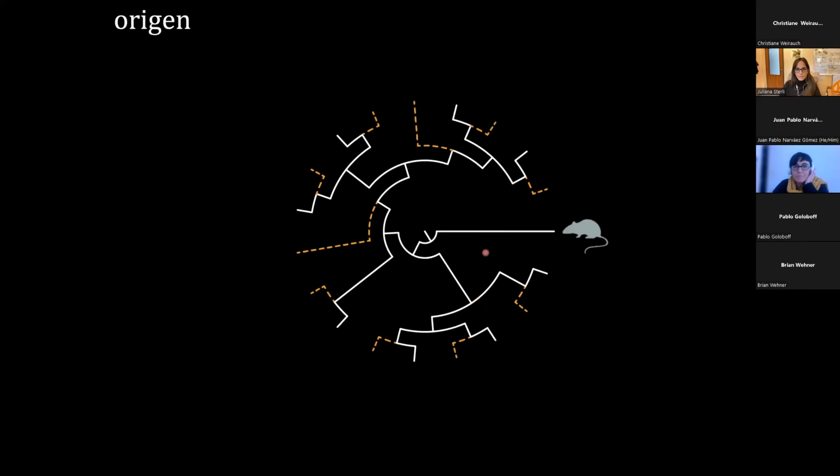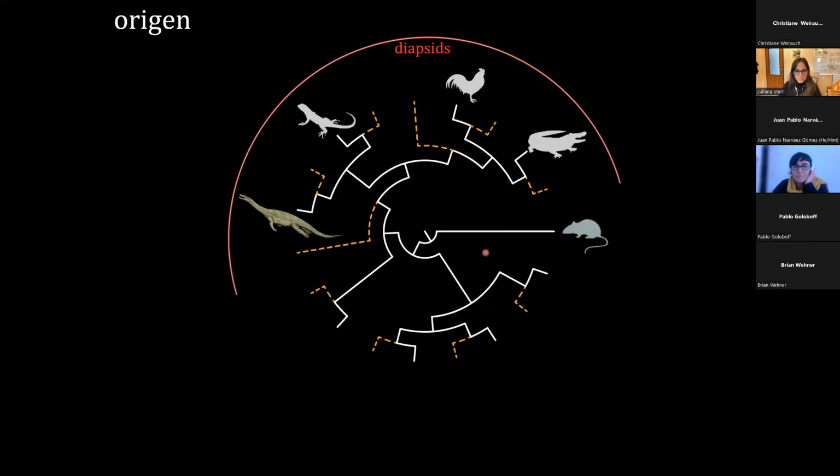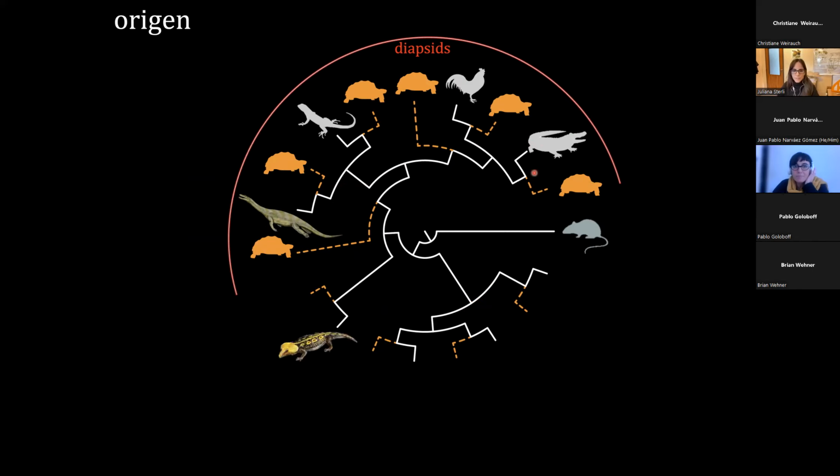So if we see this simplified tree about amniote evolution, we see that turtles have been related with diapsid reptiles such as crocodiles, birds, also as sister group of archosaurs, sister to lepidosaurs, to extinct marine reptiles, and also as the sister group of all diapsids.